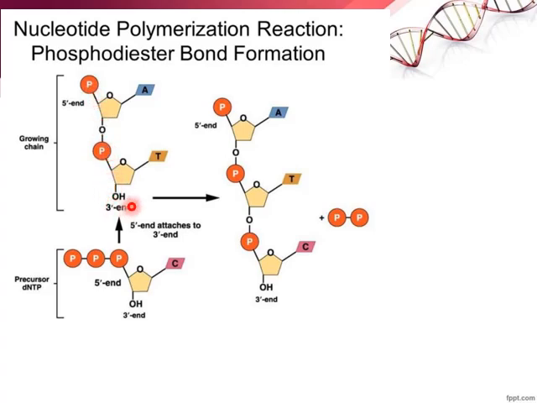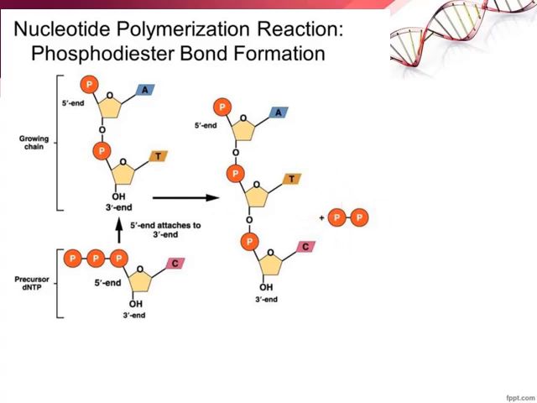Now at the 3' of the sugar, a hydroxyl group is present. Now this end of the sugar will form a bond with this phosphate group, and this kind of bond is known as a phosphodiester bond. When this bond is formed, these two phosphates are released as pyrophosphate.